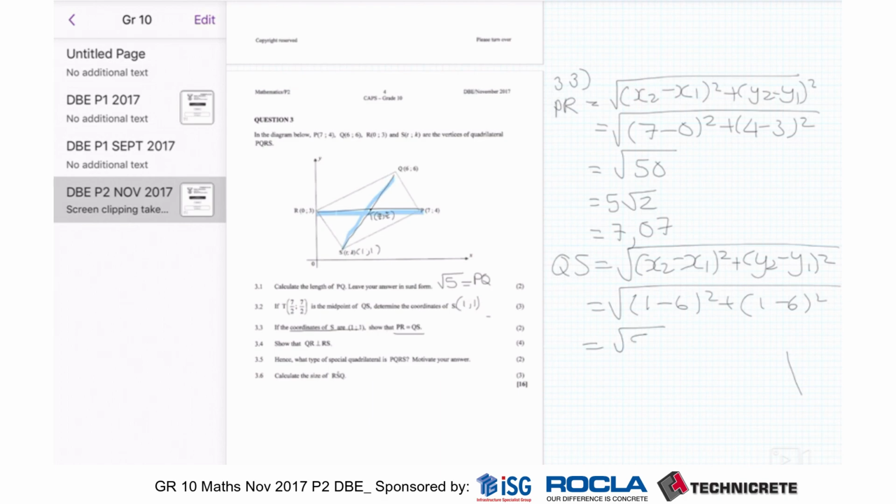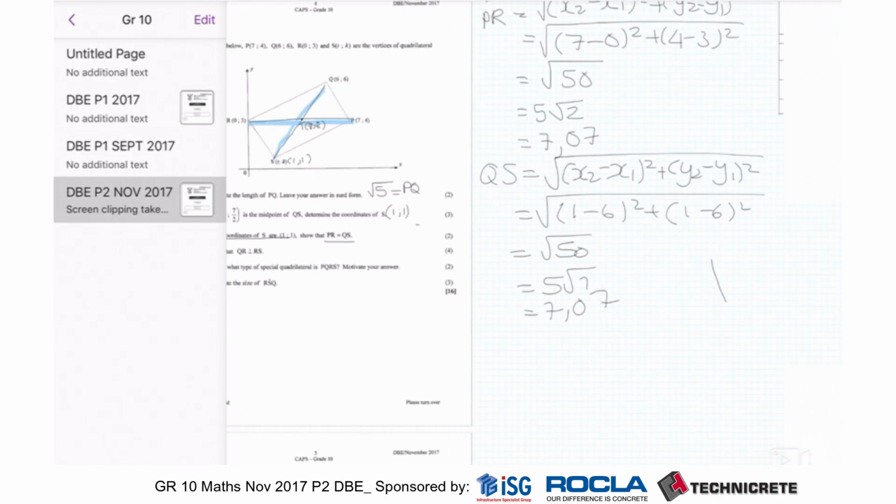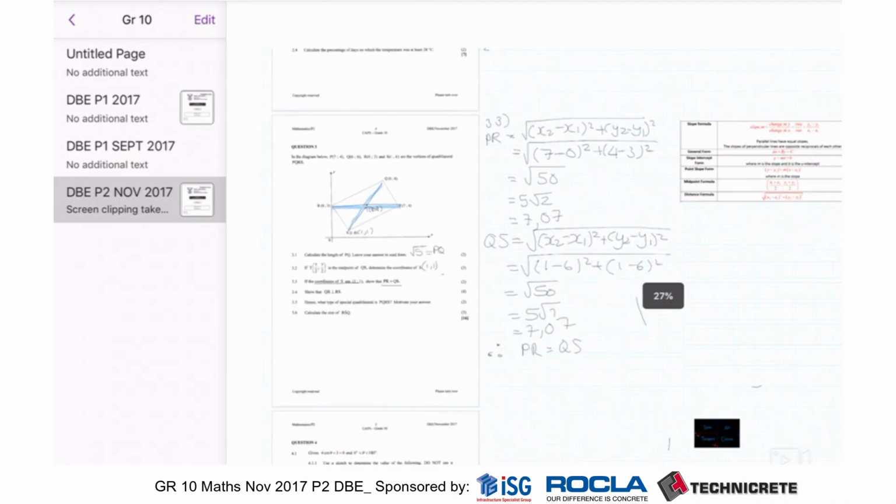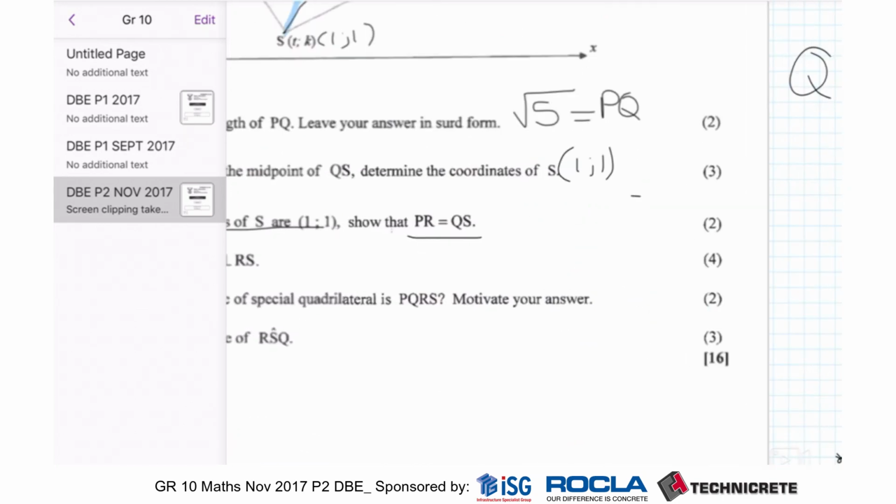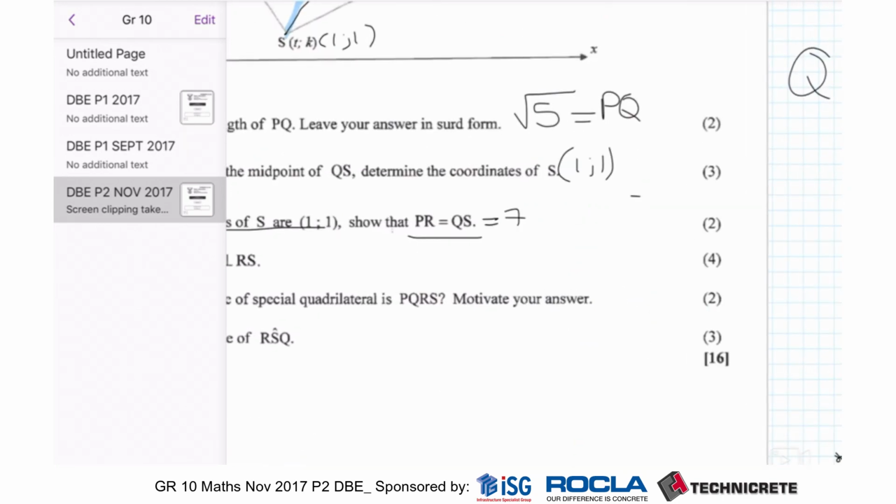It's also going to be root 50, equal to 5 root 2, equal to 7.07. For these types of questions, make sure that you actually show the examiner that you've identified it, that therefore PR is equal to QS. I'm just going to write here that they were both equal to 7.07.